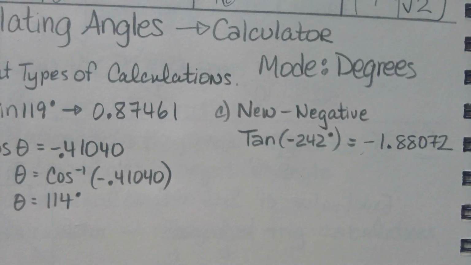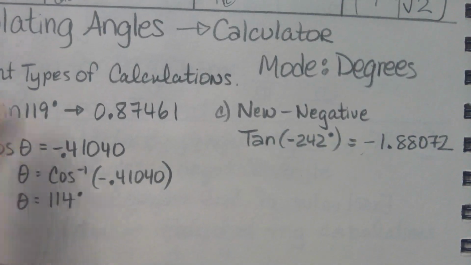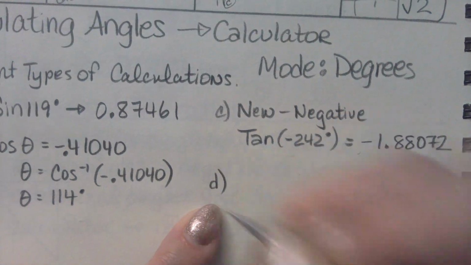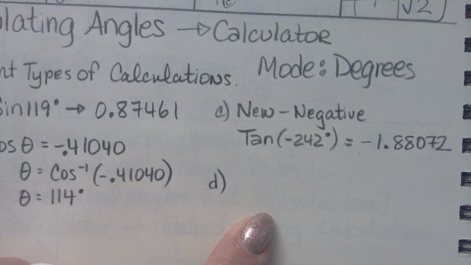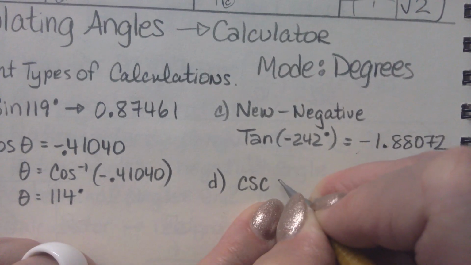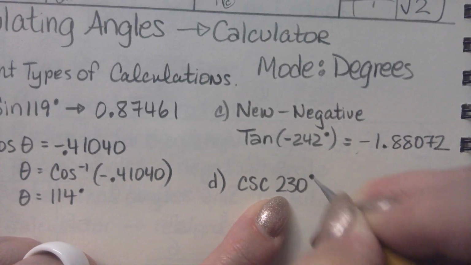So we've got when we have the angle and when we find an angle. Let's go with D, when they give me the angle, like cosecant 230 degrees.